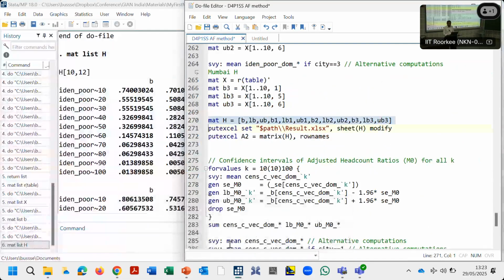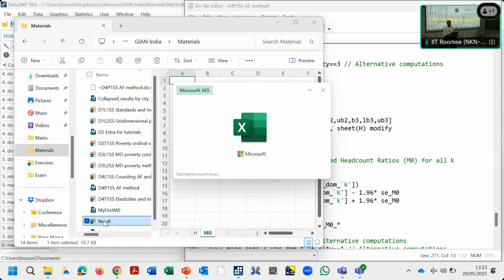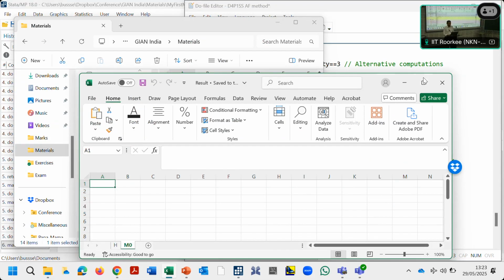Then you have to create an Excel file. You can create a blank Excel file. I created this Excel file already. Why don't you create one blank Excel file in the same folder where you have the data.